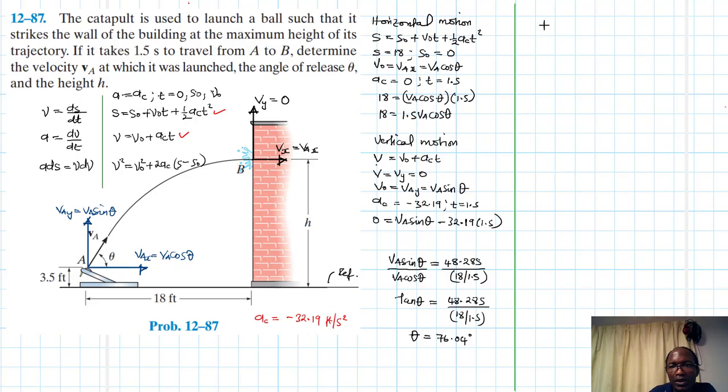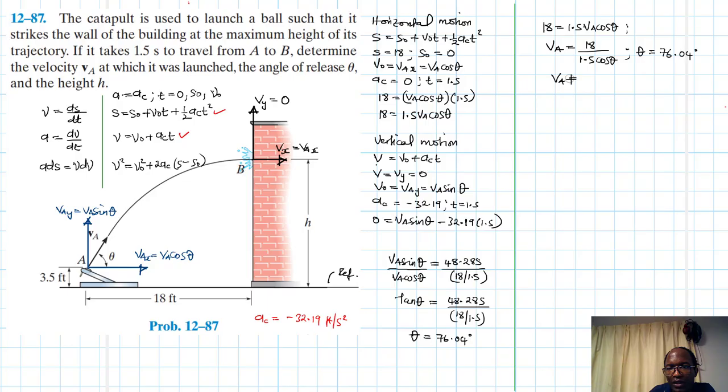Let's use this equation. So using that equation, we said 18 is equal to 1.5 VA cos theta. We can simply say VA is now equal to 18 divided by 1.5 cos theta, where theta is equal to 76.04 degrees.